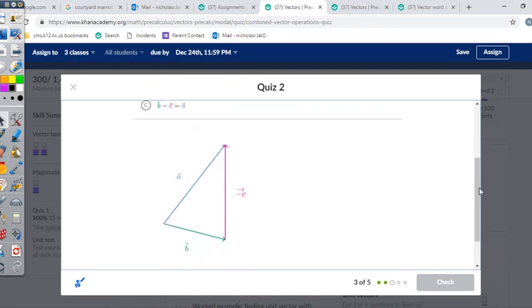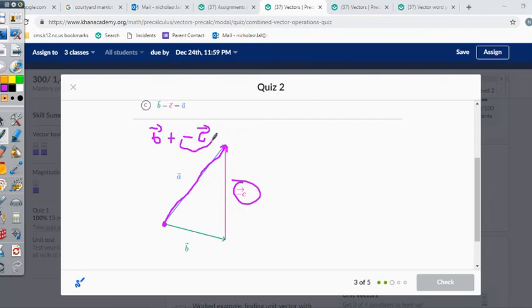Well, vector B minus vector C is the same thing as vector B plus negative vector C, which is what this is equal to vector A, which is true because the beginning of vector A is the beginning of vector B. And we'll end at the end of negative vector C, which is what we're adding here.